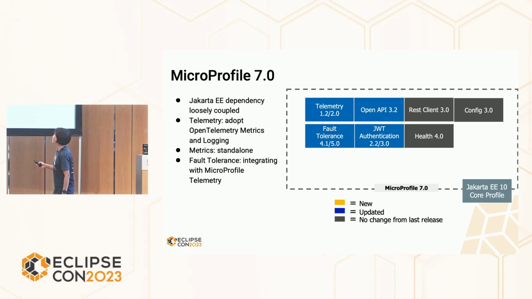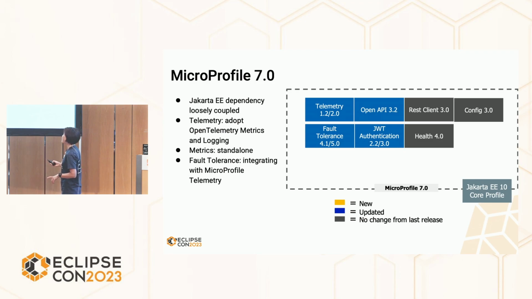MicroProfile 7 will become 7 specifications instead of 8 specifications. And you can see the telemetry is going to be quite a big thing. It has three pillars. And the fault tolerance, as I mentioned, is going to integrate with this.